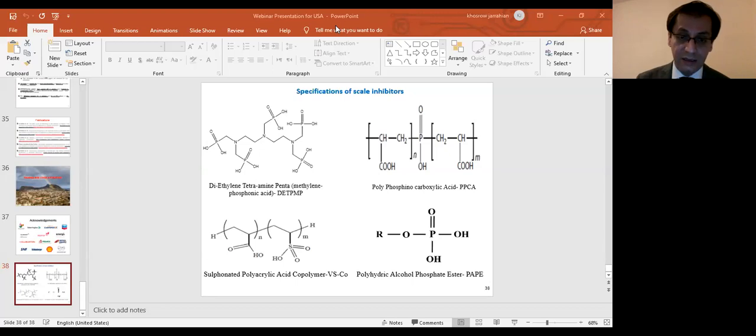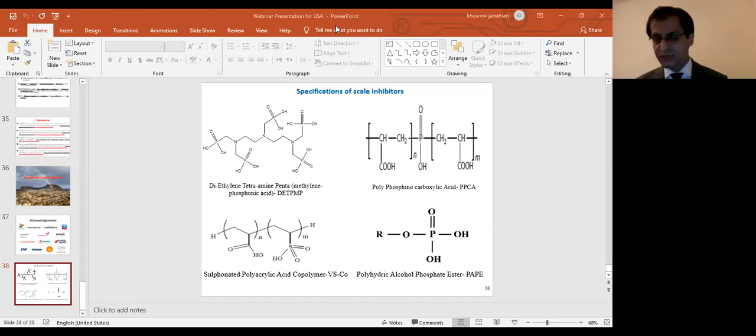And the third one: do we have scale inhibitors for all the scales? If not, why, and how can we discover a new one? For the type of scale inhibitors which I presented today, they are mostly used, for instance, DETPMP in the Middle East, and PPCA.